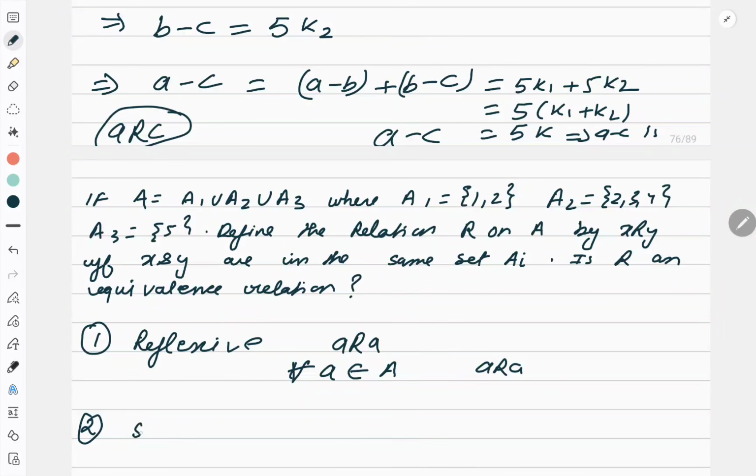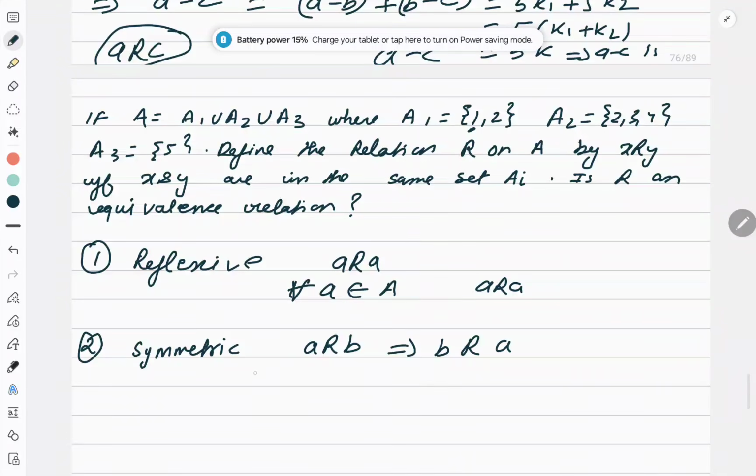Now come to symmetric. You can see it like this also. If 1 is belonging to A1, definitely 1 will belong to A1. 2 is belonging, 2 will belong. 3 is belonging, 3 will belong. Like that. Now what is symmetric? Symmetric is if a is R related to b, implies b should be R related to a.